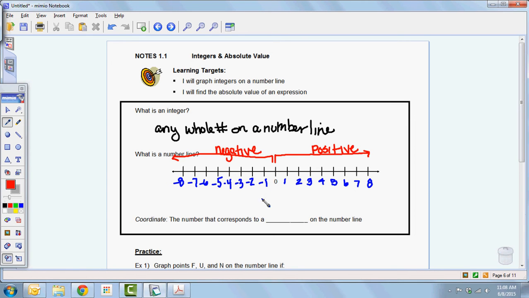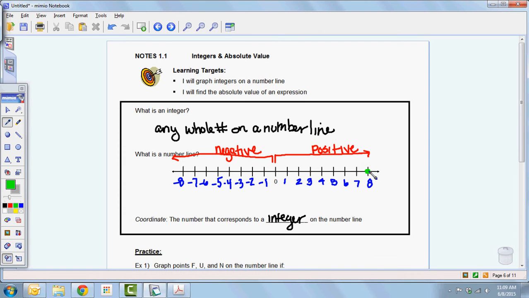Let's talk about a coordinate. A coordinate is talking about this number line, and it's a number that corresponds to an integer on the number line. So if I said graph the coordinate of +8, a coordinate would be like a point on the number line.